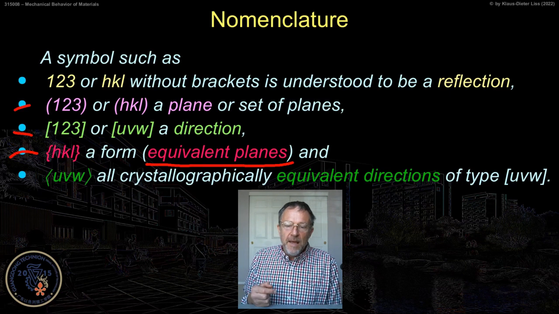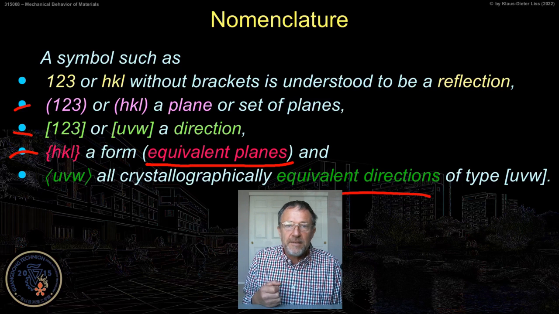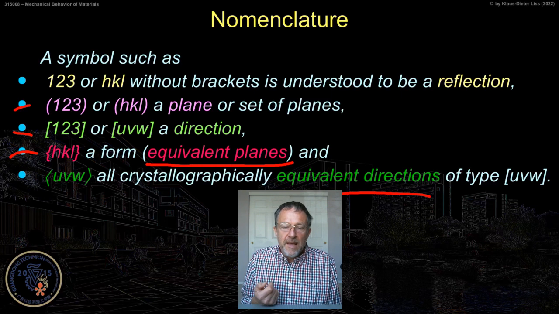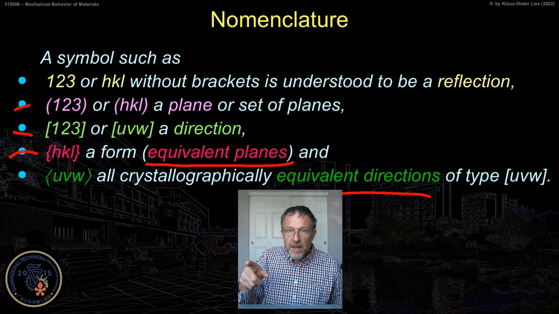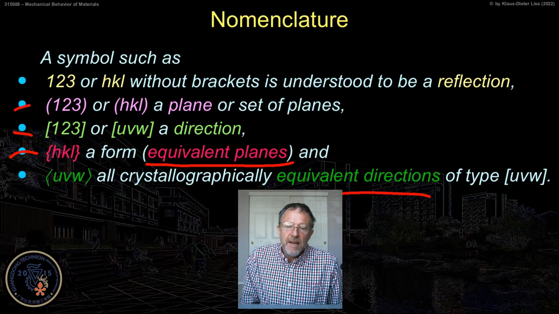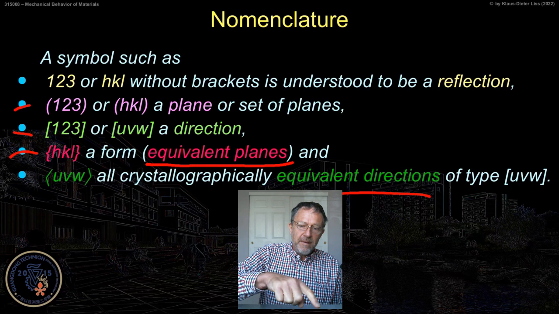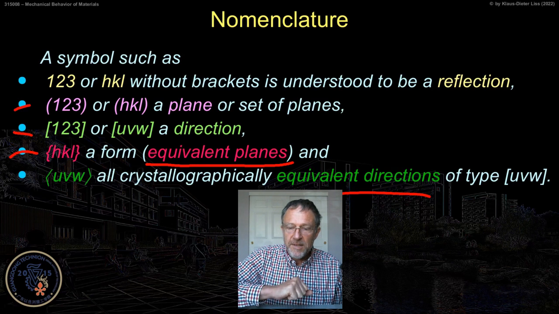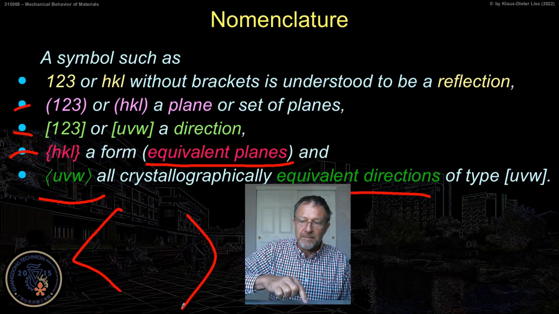And finally, if we have crystallographically equivalent directions, like the A direction and the B direction in a tetragonal system, then by symmetry they look the same, but of course they have an angle of 90 degrees to each other. However, the one direction, if I sit and go in the one direction or sit and go in the other direction, they look the same. The surrounding looks the same. And we call this equivalent directions and put them into these triangular brackets.